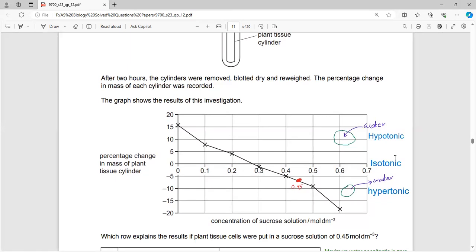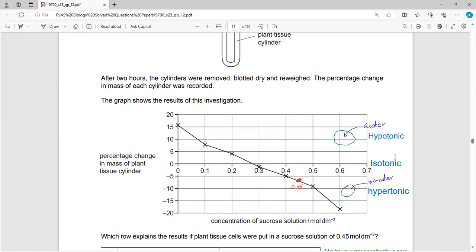According to this graph, we have 3 kinds of values. One value is above 0, which is positive. The second value is the same as 0. And the third value is below 0. The value above 0 is a hypotonic environment, meaning the concentration of the sucrose solution is providing a hypotonic environment to the cell.